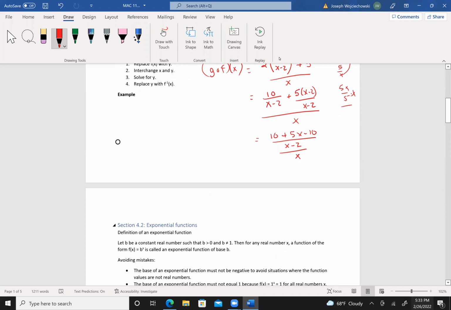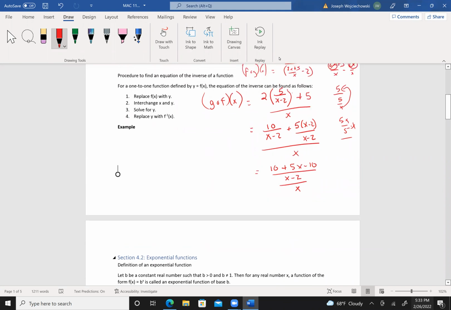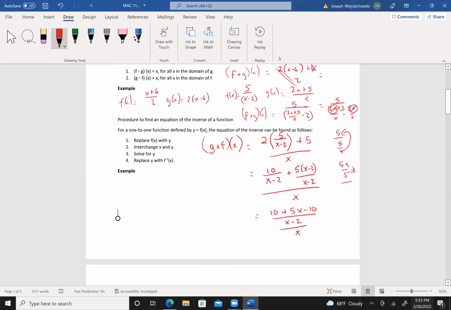Did I write something down wrong? Five over x minus 2, 2x plus 5 over x. Yeah, that's where I messed up.